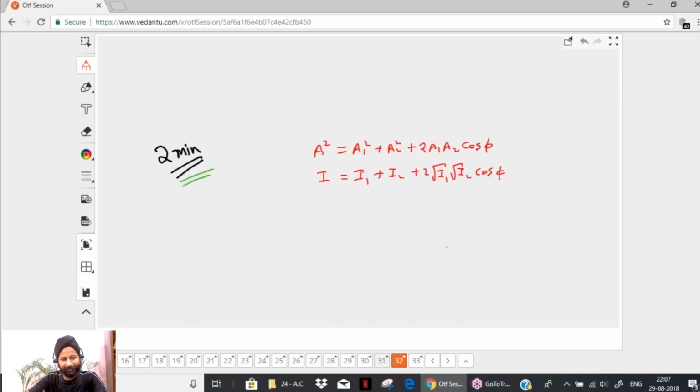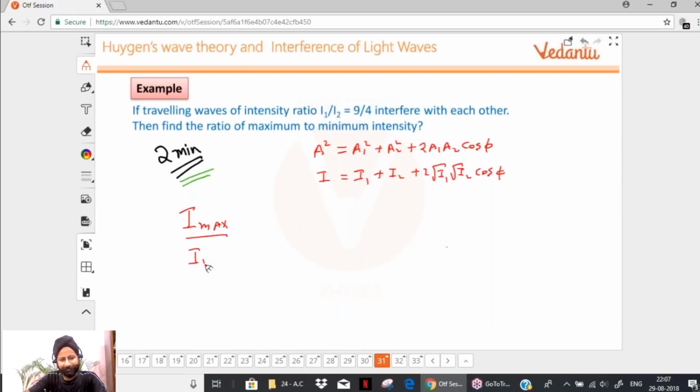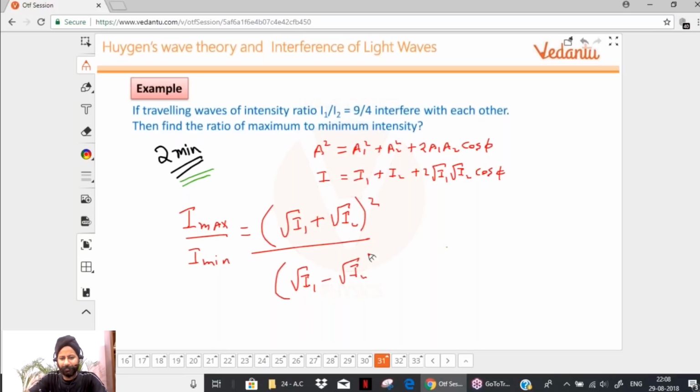So what they're saying is, what is the maximum? I max by I min is going to be equal to (root of I1 plus root of I2) whole square divided by (root of I1 minus root of I2) whole square. We don't know I1 or I2, we don't know anything, right?